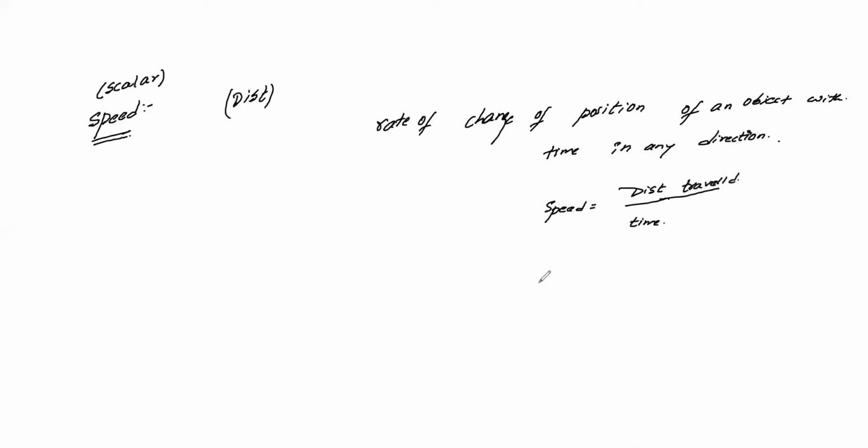There is no direction here, so it is a scalar quantity. The units are: distance in meters, time in seconds, so meter per second in MKS and centimeter per second in CGS. This is your speed, distance by time.